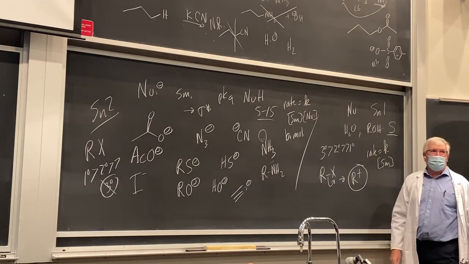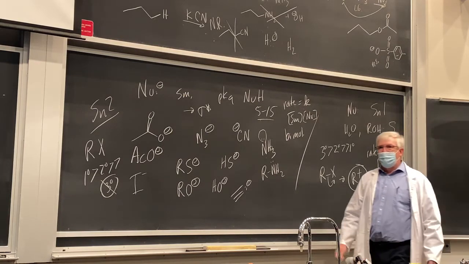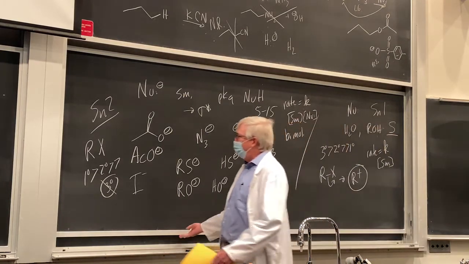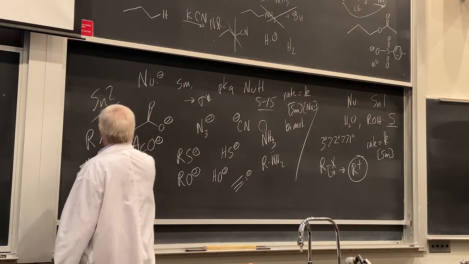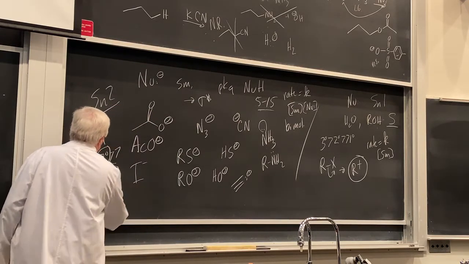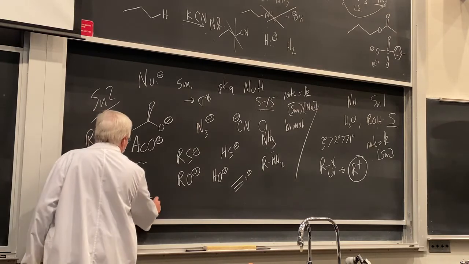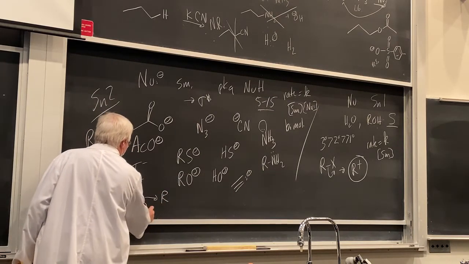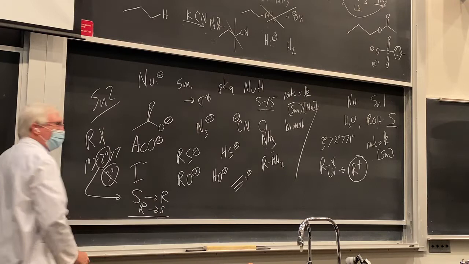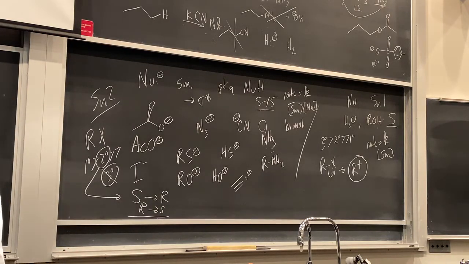We often call these solvolysis reactions, okay? So, yeah. The other thing we need to get into is right here. With SN2, with a secondary, S stereocenter goes to R, and R stereocenter goes to S. That's more evidence of the bimolecular reaction, the stereochemistry.